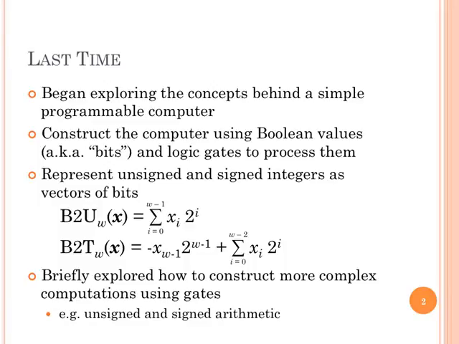We briefly talked about how to construct addition from this, but we're not going to go into much more detail than that. And there's a supplemental document on the Moodle that goes into more information. How do you do subtraction using the adders that we described? It actually relies very heavily on the fact that to get the 2's complement, like the negative value for a number, we figure out the unsigned representation, we invert the bits, and then we add 1 to it.